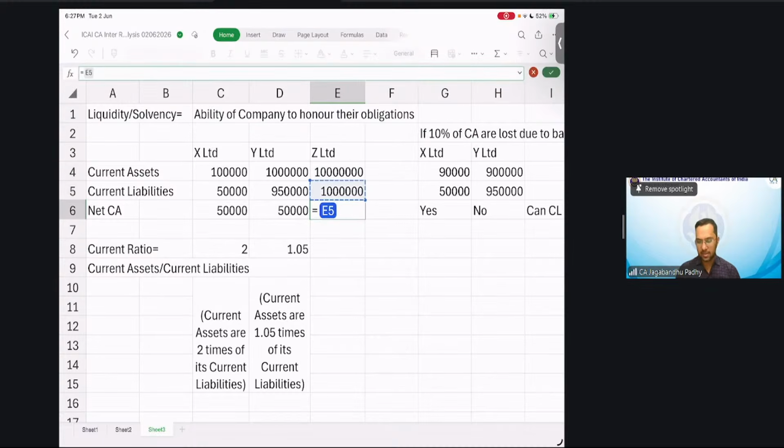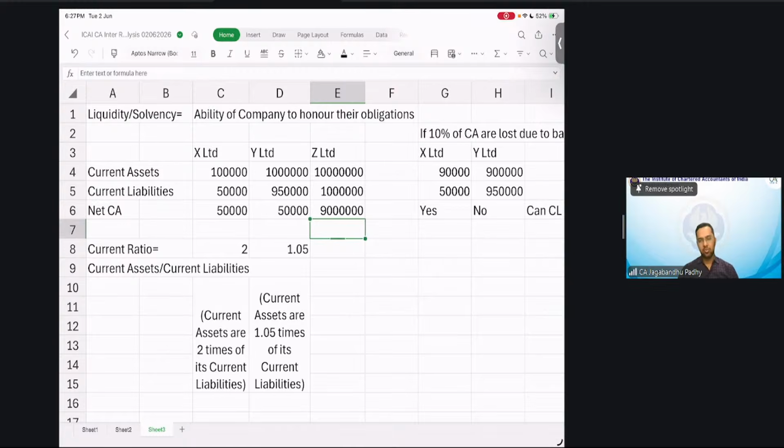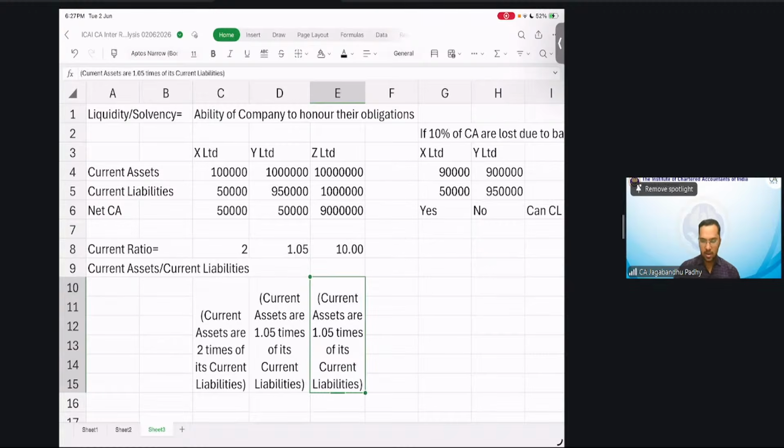So net current assets is 90 lakhs, and then you have a current ratio also as 10. So now the current assets are 10 times of the current liabilities.